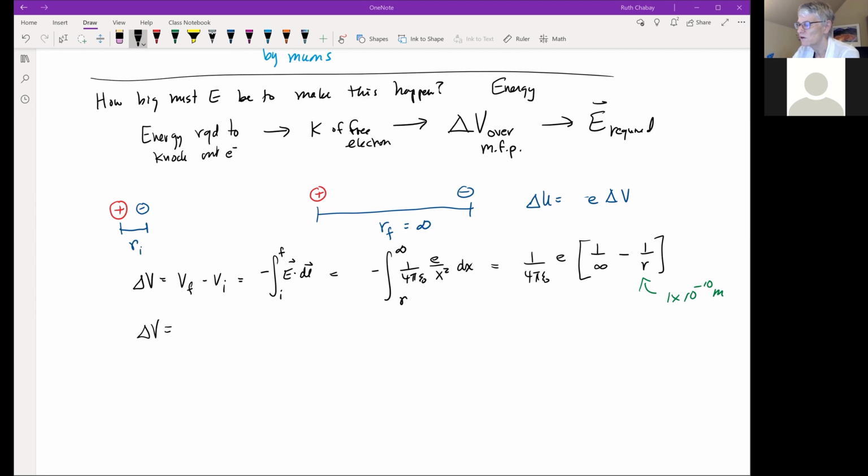So we get 0 minus 1 over 4 pi epsilon 0 E over r. That's equal to minus 9 times 10 to the 9th times 1.6 times 10 to the minus 19 coulombs divided by 1 times 10 to the minus 10 meters. And so we get minus 14.4 volts.